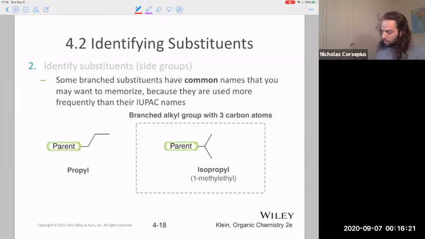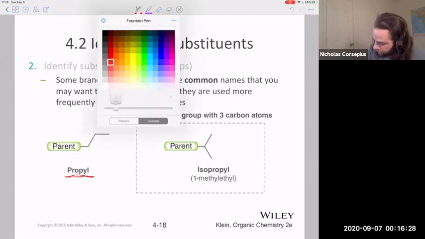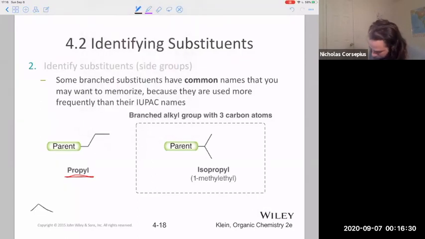Okay, so if I had a 3-carbon group that was a straight chain, that would be a propyl group. So for example, if I had some long parent chain here with 1, 2, 3 carbons coming off, it would be a propyl group. But then we learned that the isopropyl group is when it's 3 carbons and a fork at the end.